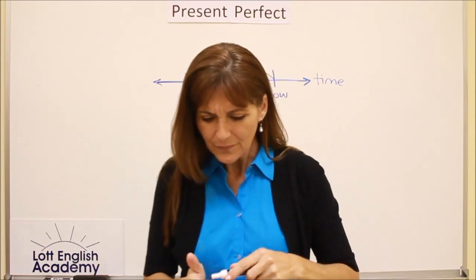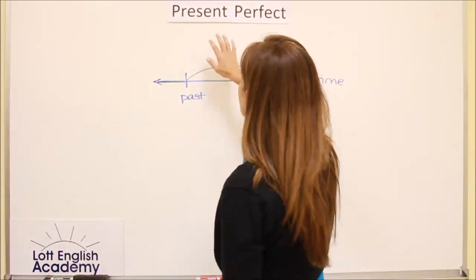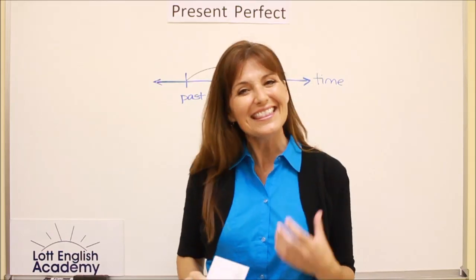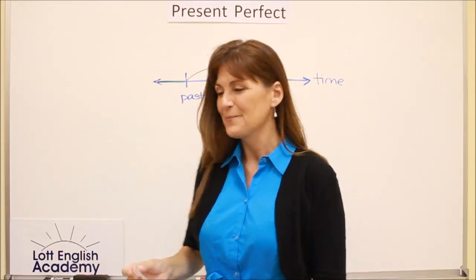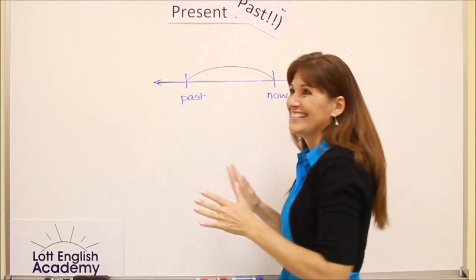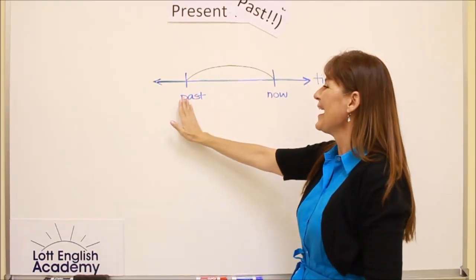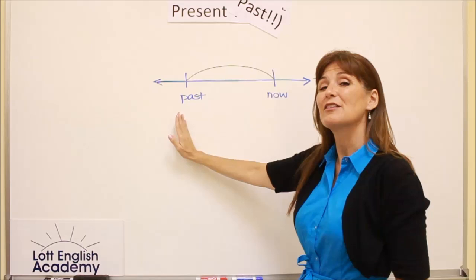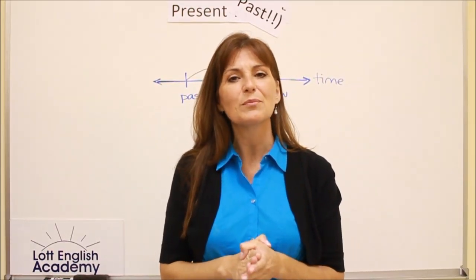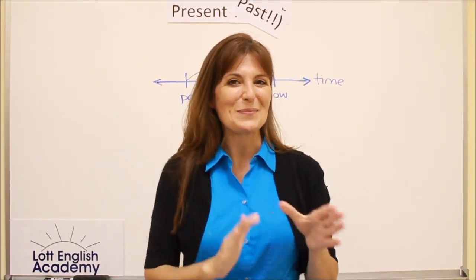The official name for this verb tense is the present perfect, but I always tell my students that I think a better name would be the present past, because there's a connection between the present and the past. So in your mind, instead of thinking of this as the present perfect, maybe it will help to think of it as the present past.